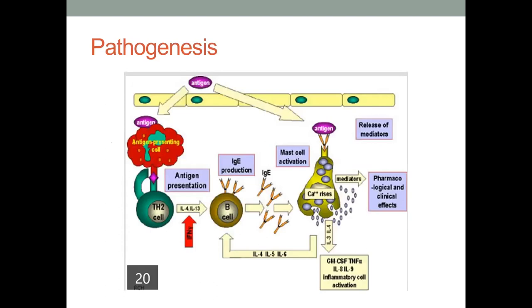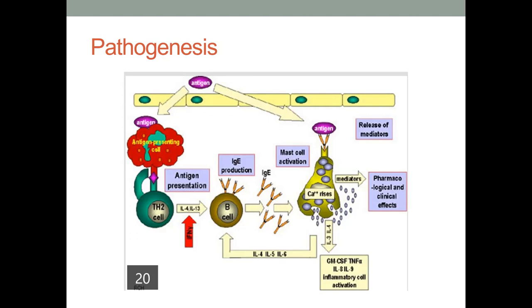And the pathogenesis of asthma: when antigen enters the body, this is the antigen, and it combines with the antigen presenting cells. This antigen presenting cell presents this antigen to the type 2 helper T cells, which leads to the release of some mediators, which are IL-4 and IL-13.